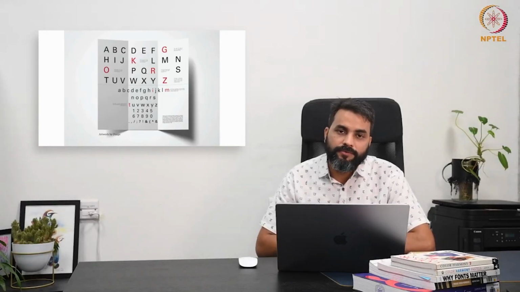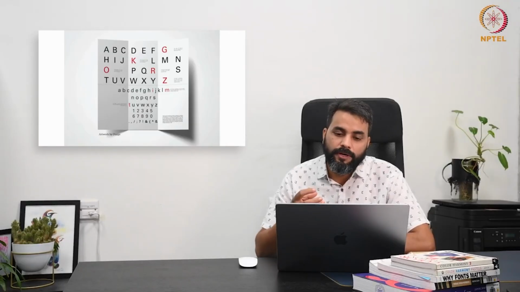So you have different ways, different mediums, different attributes through which you can create hierarchy within a composition. And when you are specifically looking at text, then size, weight, contrast, color, all those things are going to help you out.